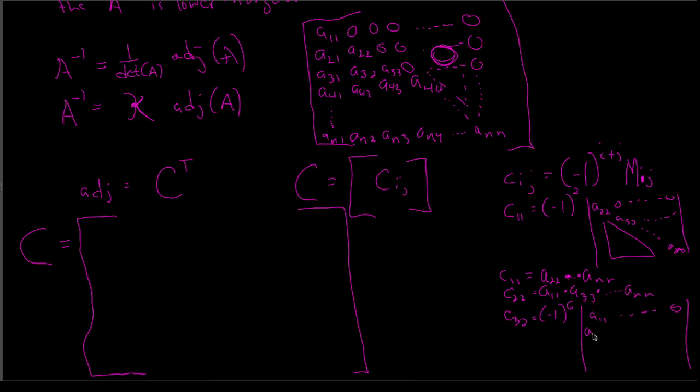I'm going to have A21, A22, and then all zeros to here. Now I'm not going to have the third row or the third column, so I'm going to have A41, A42, and then an A44 because the third column is missing. And so I end up collecting all of the diagonal elements except A33.